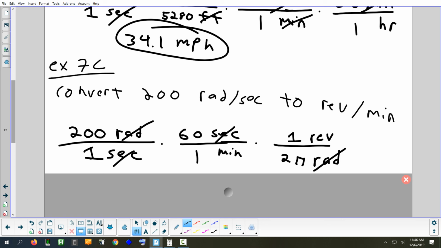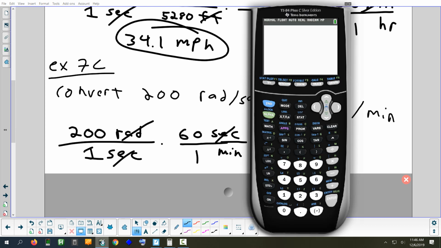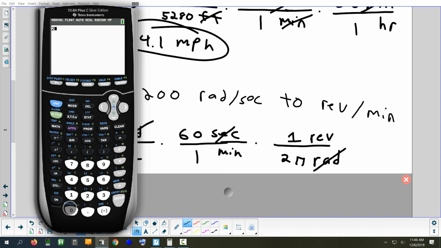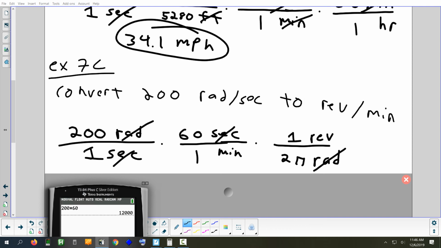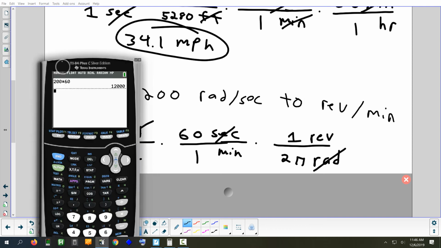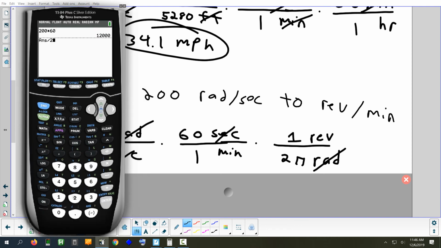If I wanted, I could reduce 2 into 60 before I type it in on the calculator, but I'm just going to type it the way it is. So it's 200 times 60 times 1, divided by 1 times 2 pi. That's not right.